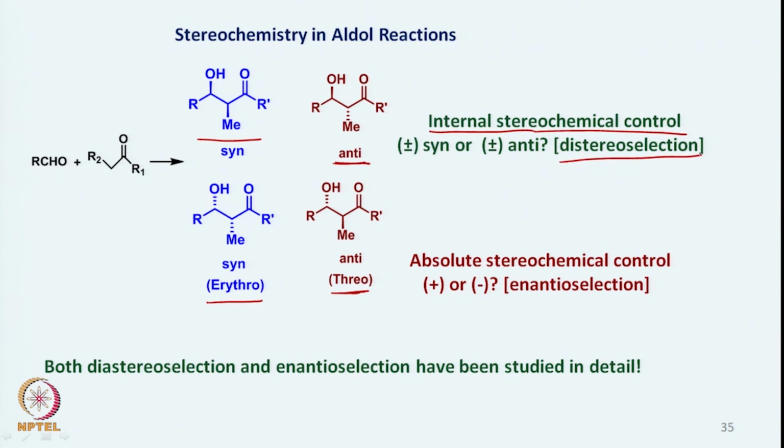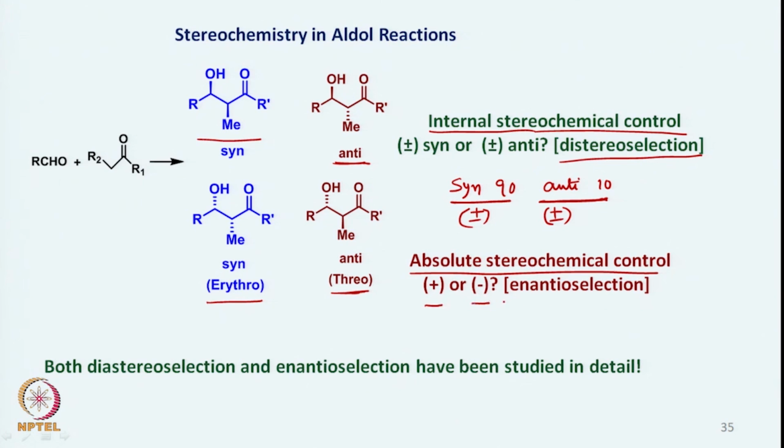That means that between syn and anti, if we get syn as say 90 and anti as 10, then we have a diastereomeric selection, or diastereoselection control, because we are still dealing with the plus minus enantiomers.